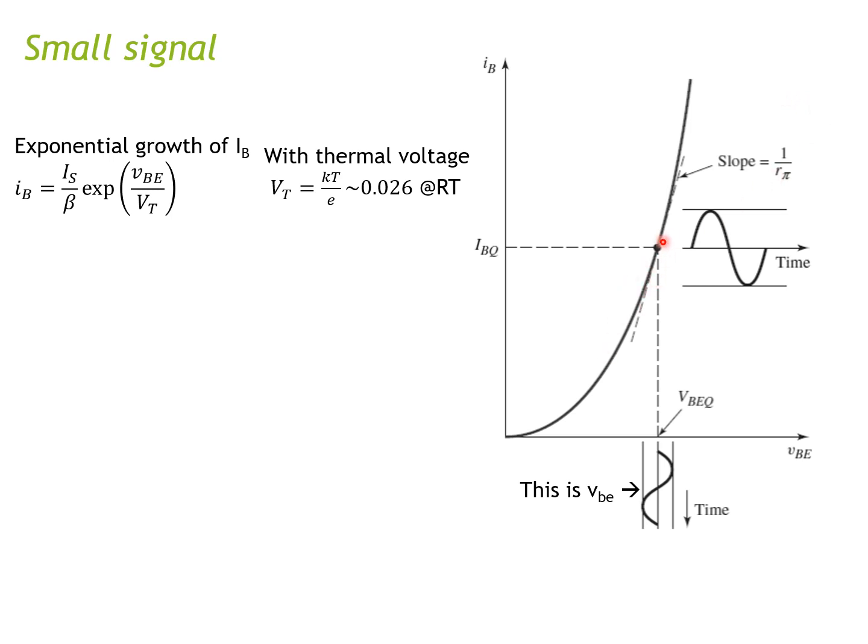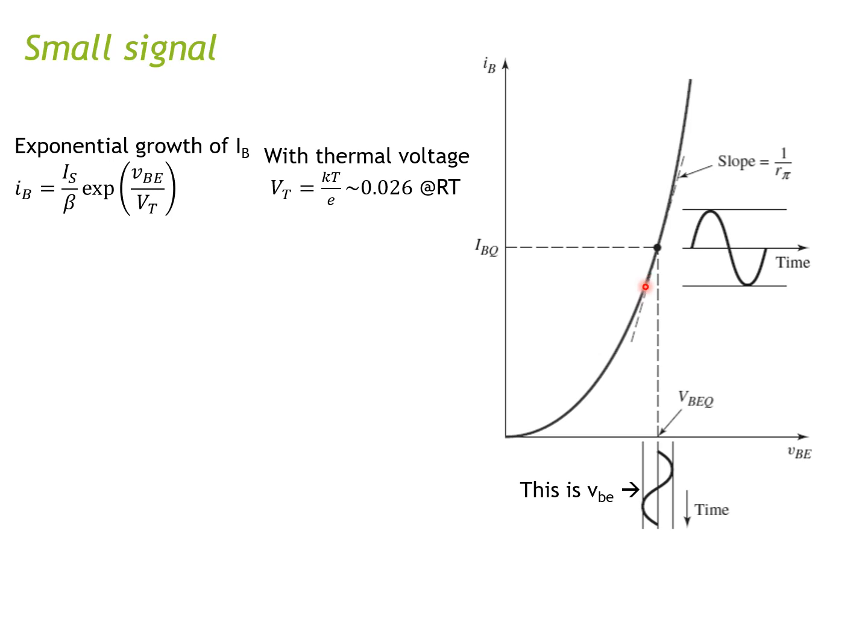So what you can do is, if you don't need to amplify a large variation of signal, if the signal variation is very small, so if the peak to peak or the amplitude of this signal is small enough, you can cut this curve into a small section.